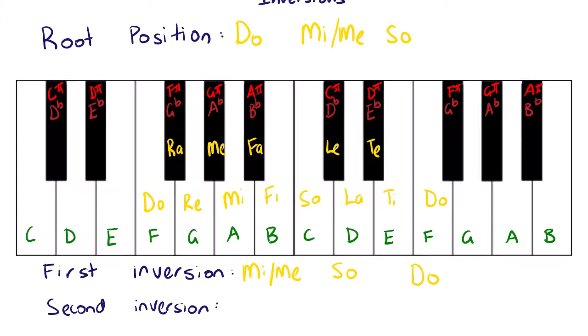The second inversion works the same way, except that instead of do or mi/may being the lowest note, so is the lowest note. So, then do, then mi or may. In this key, which is F major, we would start on so, then we'd go to do.